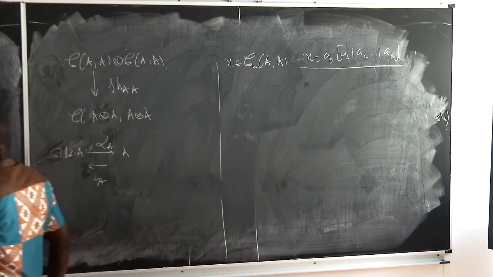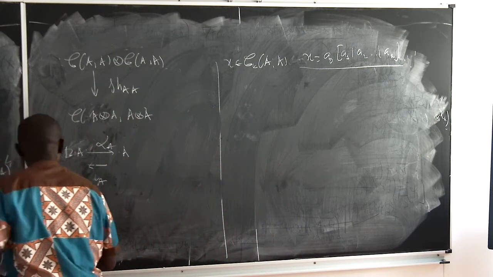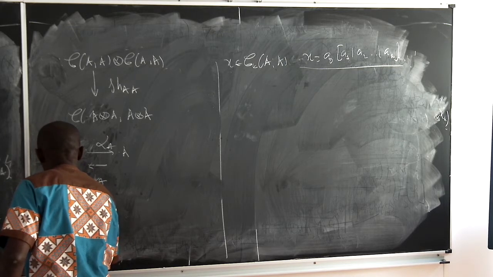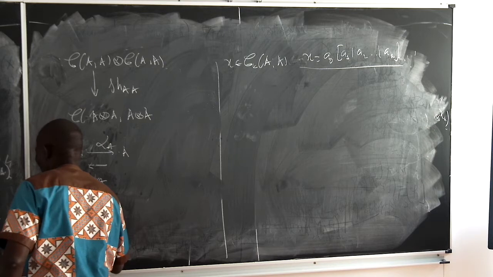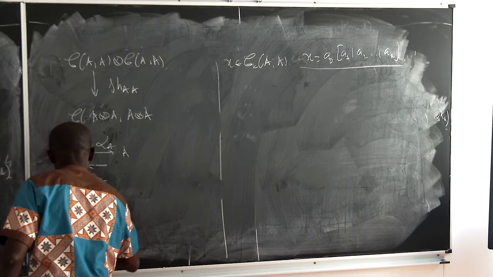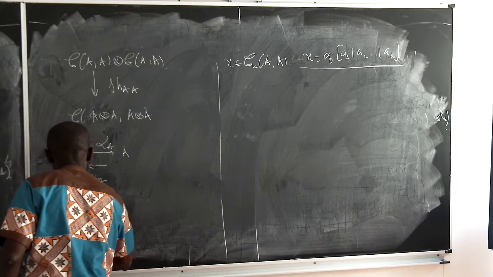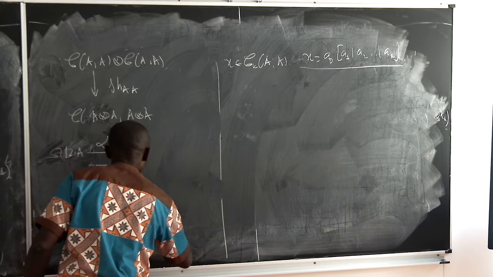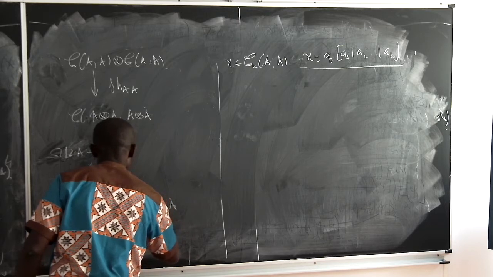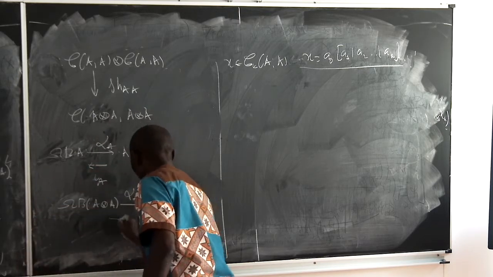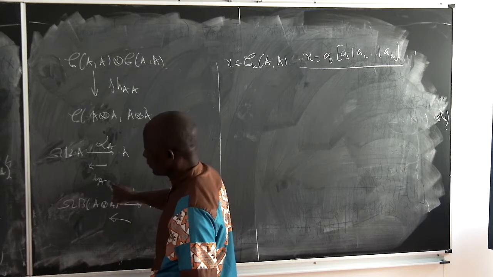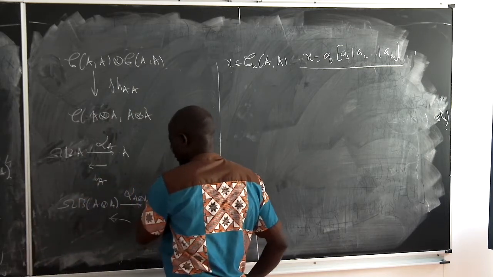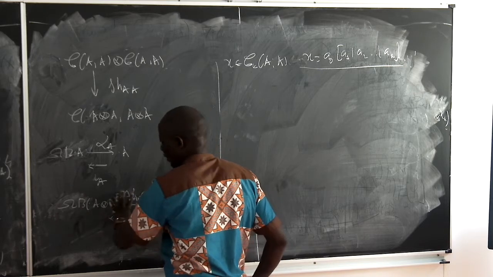So at the level of the chain complex, you have a quasi-isomorphism from omega BA tensor A to A tensor A. Let me call it this. You have the inverse here, and by putting the Hochschild complex functor here, we have this relation.